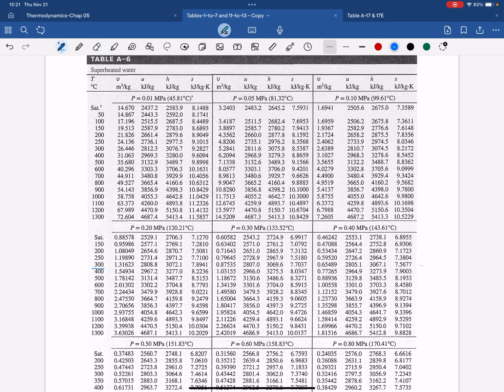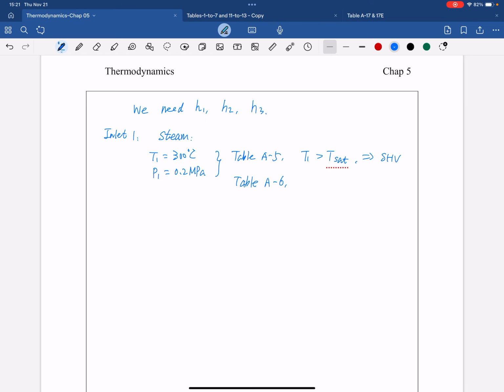It's here. And we got h1 equals 3072.1 kilojoules per kilogram. Let's write it down here.